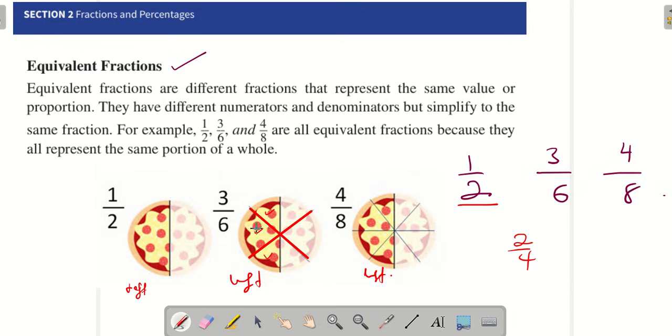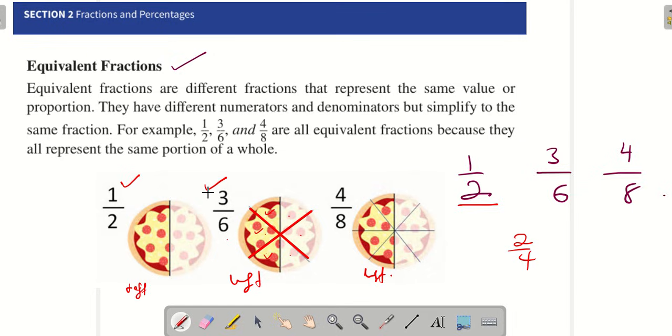It has become three regions out of how many regions? Out of 6 regions, because we have 1, 2, 3, 4, 5, 6. So this same half has become 3 out of 6. And it doesn't change the fact that this shaded region is the same as this region. So this and this are equivalent.